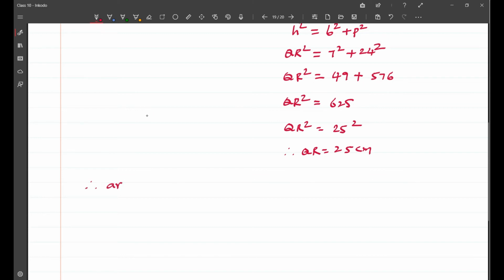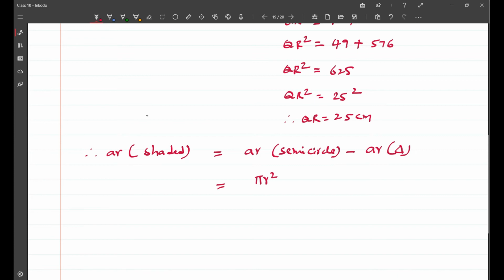Now, let us find out area of shaded. Therefore, area of shaded is equal to area of semicircle minus area of triangle. Pi r square by 2 minus half multiply base multiply by height.